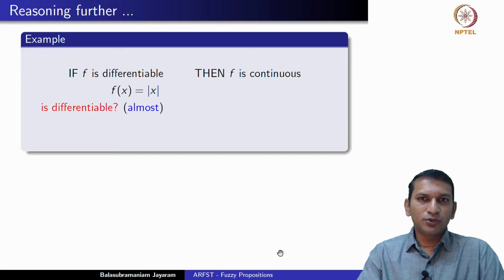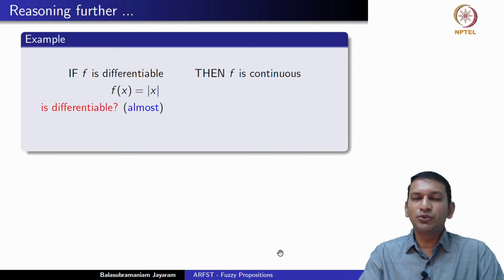Note that we should also point out something very important here. The given function f of x is equal to mod x, the new piece of information, right now does not exactly fit into the space about which the antecedent is expressing. If you recall, in the case of implication, we said that if the antecedent is false, then the truth value of the conditional is always true.